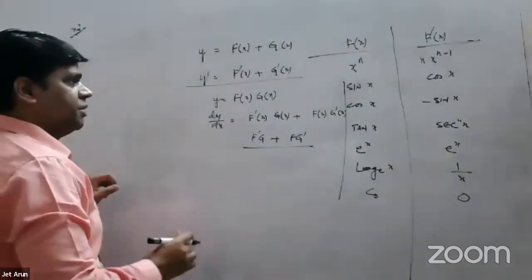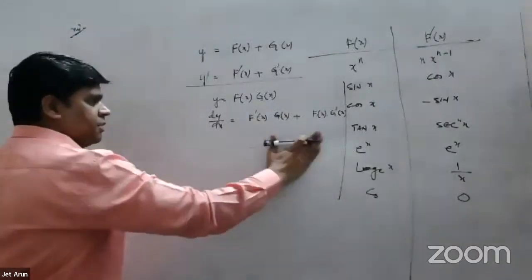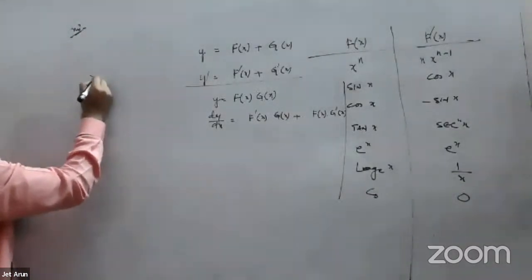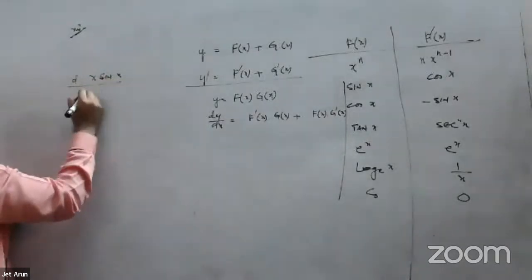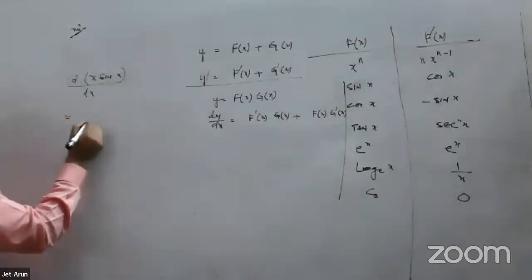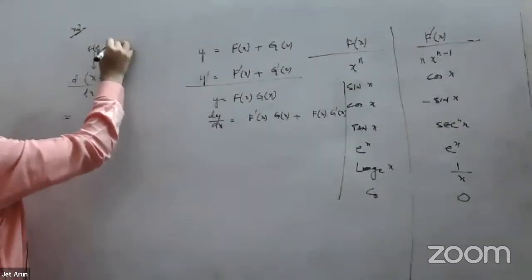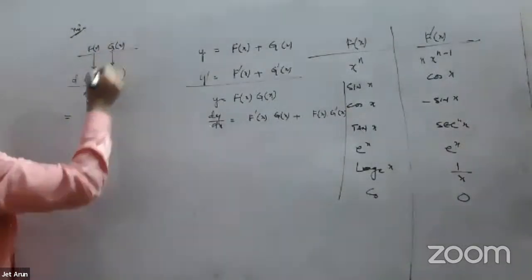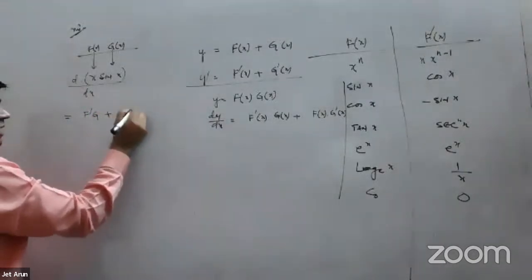Let's apply this for some cases. Let's say I've got x sin x. I want to differentiate x sin x with respect to x. So what do I get? First function, let us say x is f of x and sin x is g of x. What does it say? f dash g plus f g dash.